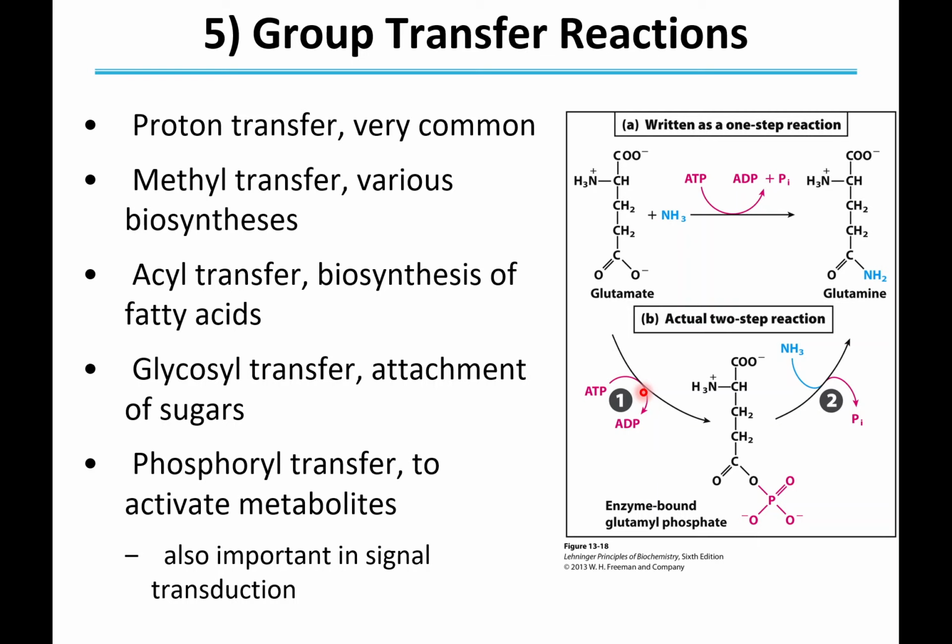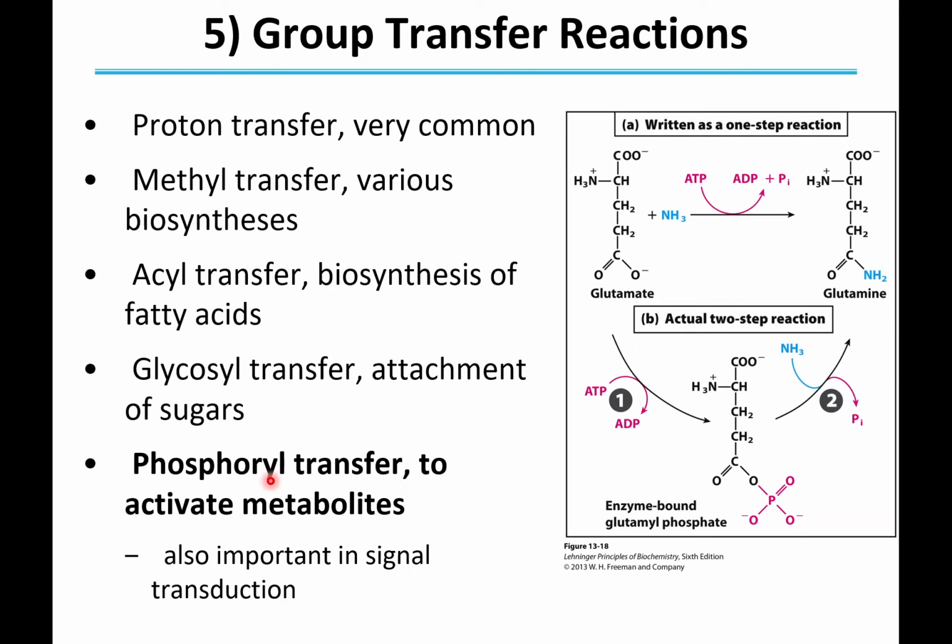You're transferring a phosphate from ATP to glutamate to make this a phosphate-bound molecule that makes it higher in energy. That phosphate group, that bond is high in energy. It's a good leaving group, and then you can switch out the amine group there, right? And this is how the body converts glutamate into glutamine.